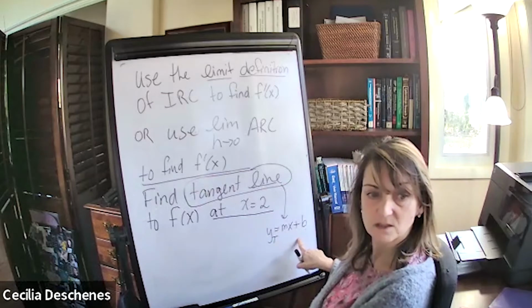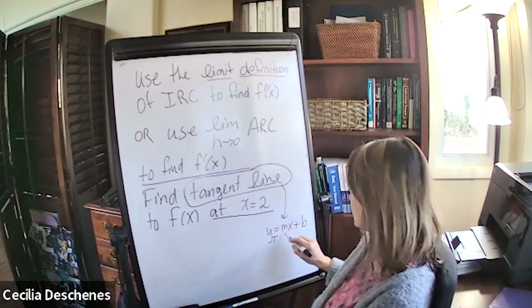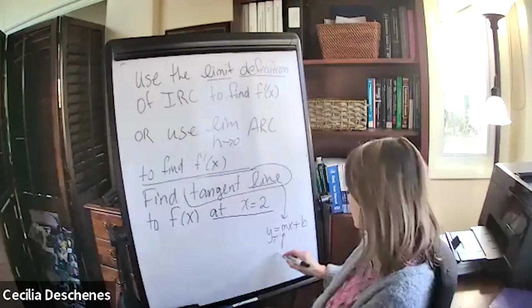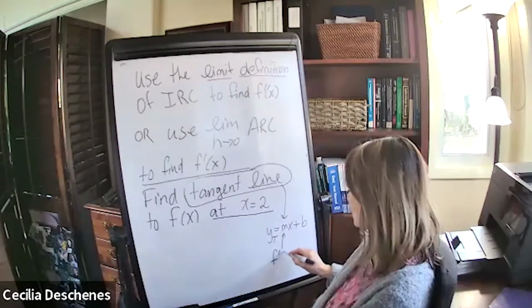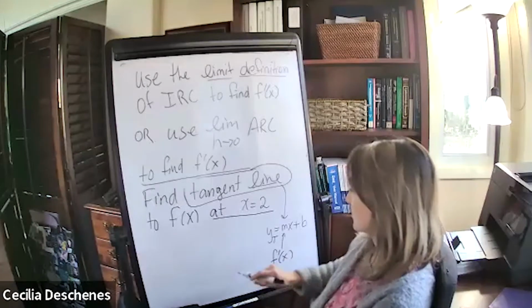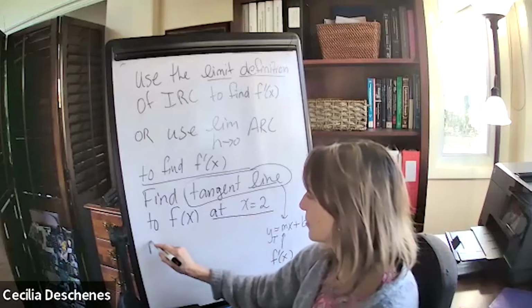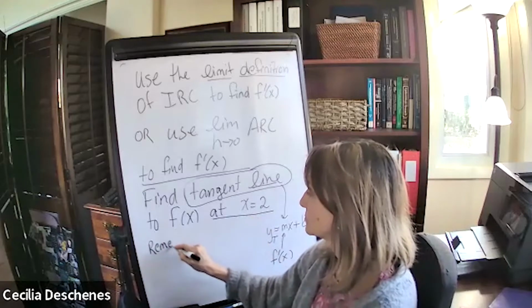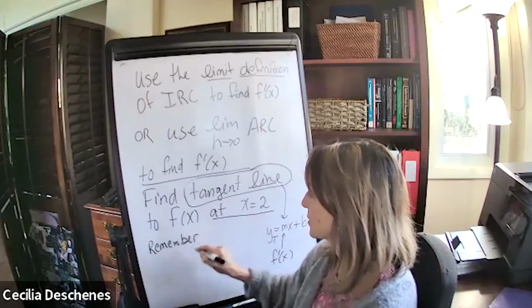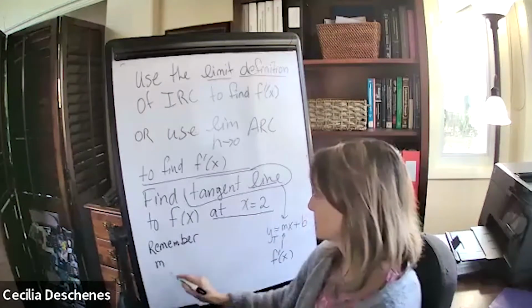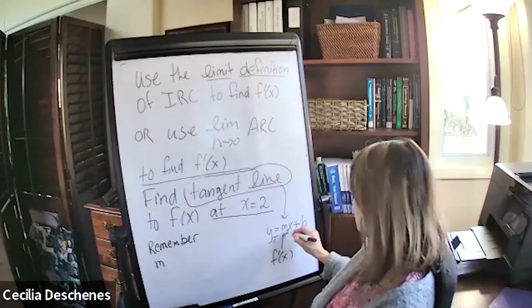The m for the tangent line at x is f prime. That comes from the derivative, the slope of the tangent line at x equals 2. So remember, that m, I'm going to put a little m sub T here.